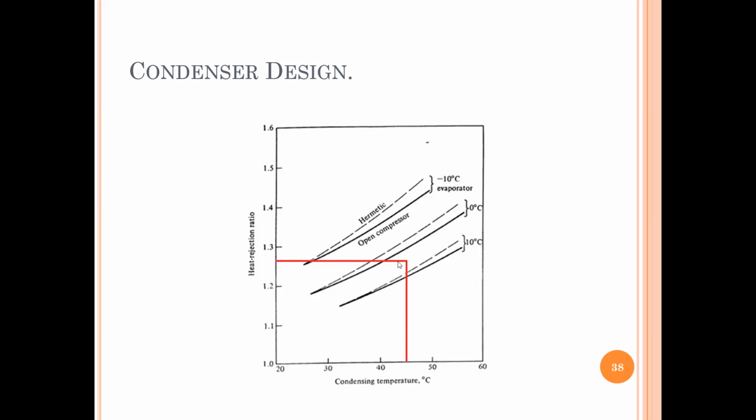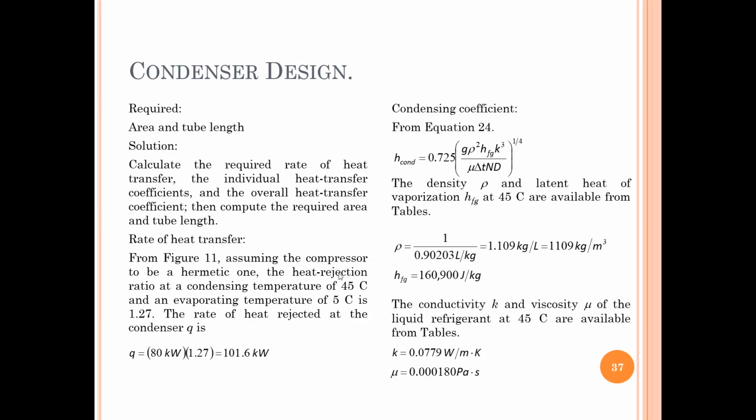Itama niya lang. Itong between yan 5. So, lalabas is 1.27. So, the rate of heat ejected at the condenser Q is equal to 80 times 1.27 is 101.6.